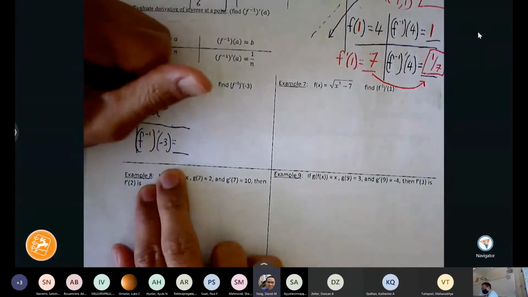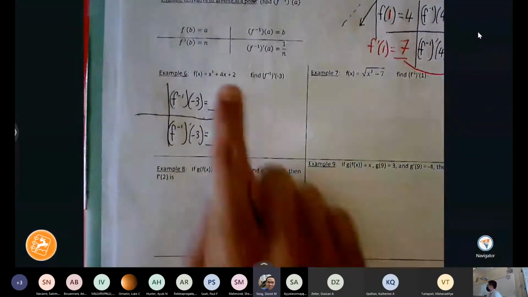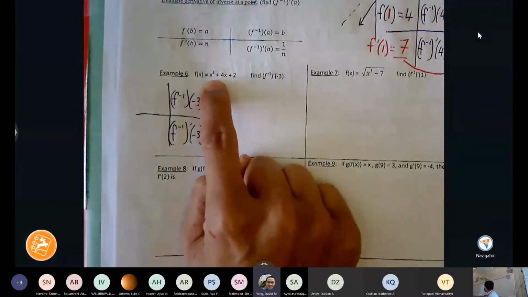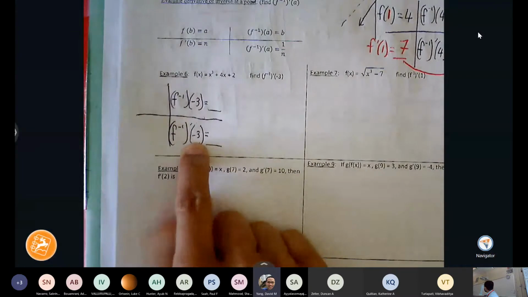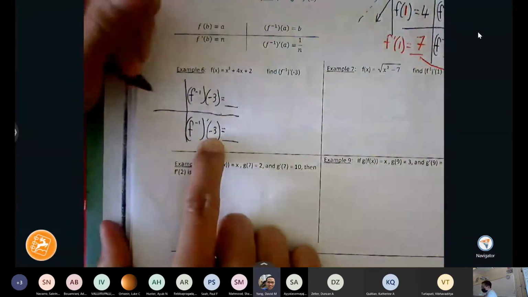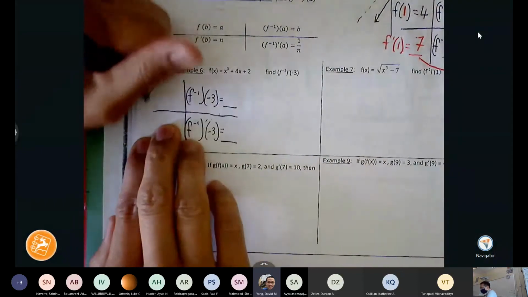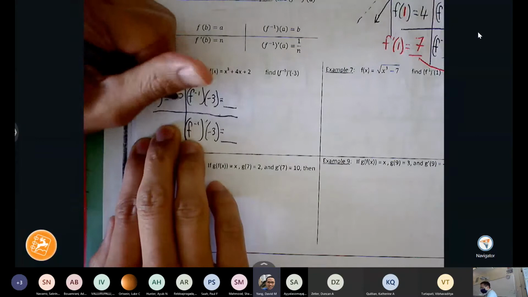Okay, I know my ordered pair is going to be something like this. But everything that we have available is in terms of f. So this -3 is really the what of the f function? The y value. Okay, y value. So I'm going to say f of whatever x value is going to be -3.